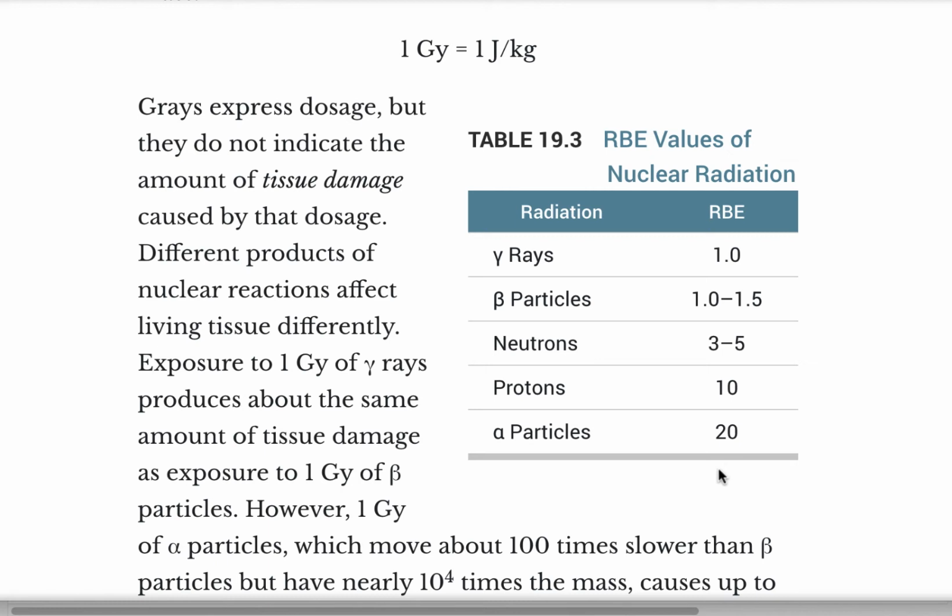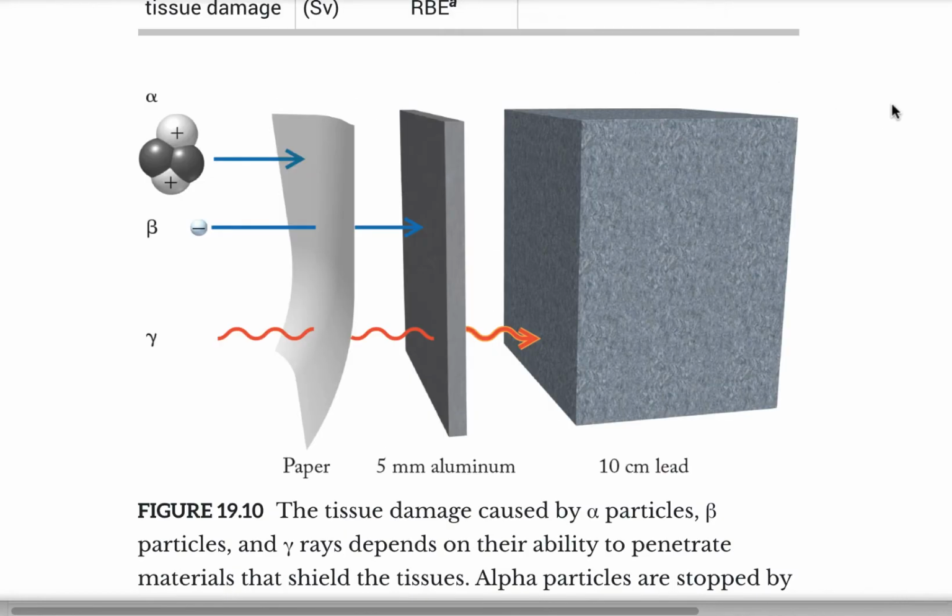But at the same time, the radiation penetrating power of each of these different emitted particles varies as well. So this is a second complication in our figuring out how much effect these different radioactive products might have. We talked about this a little bit before.